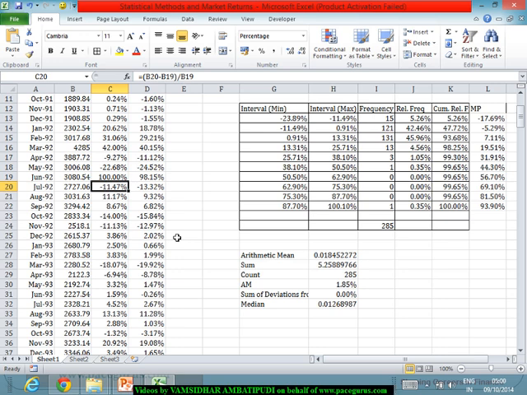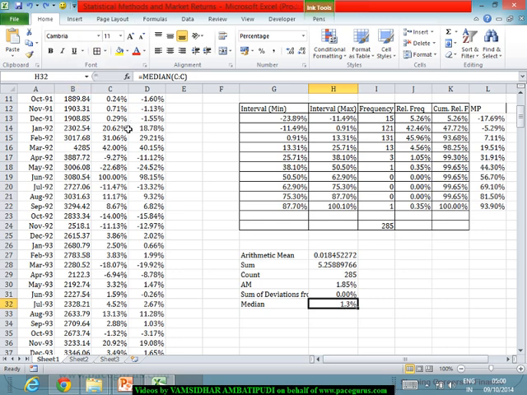Mean got directly to 1.85, but the median is still at the same 1.2. Even if from 100, let's say I am making it 200, mean is changing drastically, but the median is not getting impacted. So that is one advantage. Median is not that much affected because of extreme values.